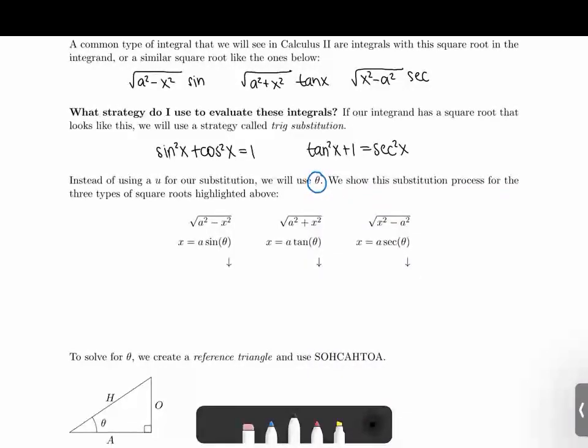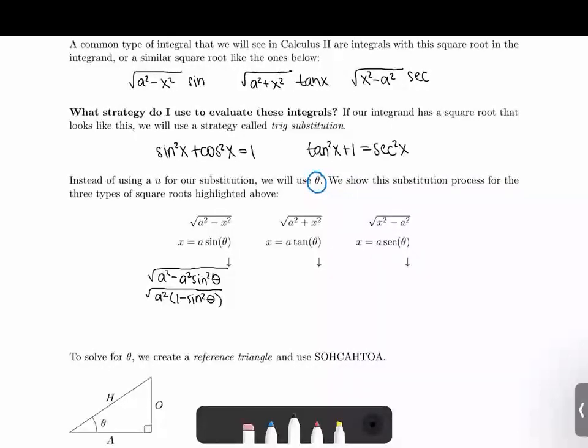So that's going to turn into the square root of a squared minus a squared sine squared theta, where we just replace that x squared with the square of x. And then we want to simplify this square root. Inside our square root, those two terms have an a squared in common. So that's going to become the square root of a squared times 1 minus sine squared.